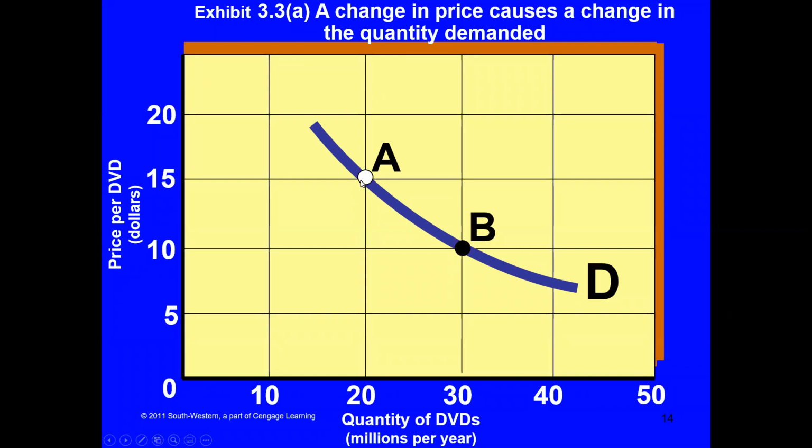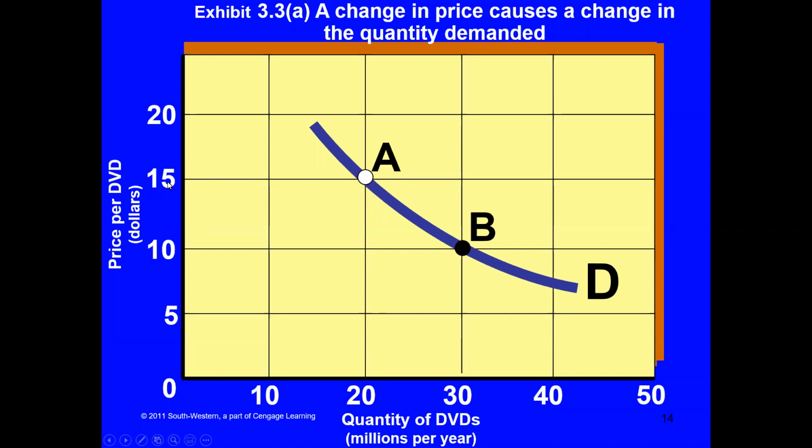So this is a large amount of people. So this is market demand here, obviously with millions of DVDs. So if a DVD was $15, it looks like market demand is 20 million DVDs.